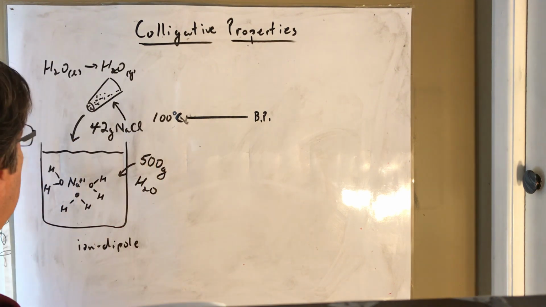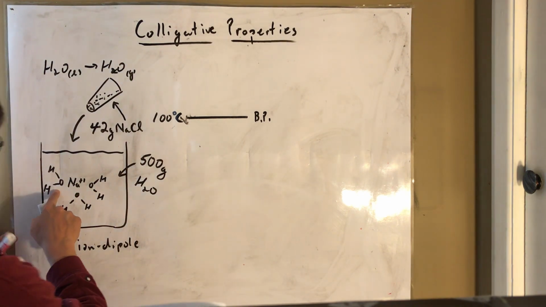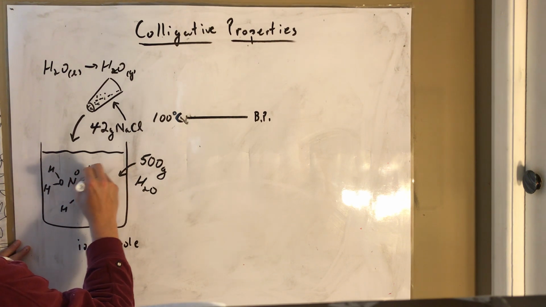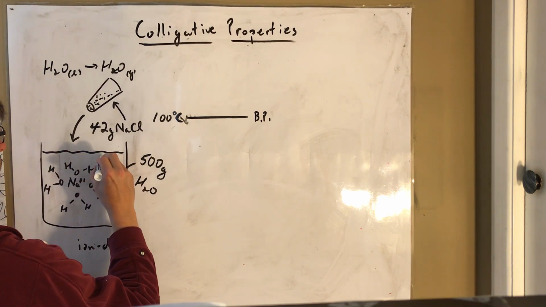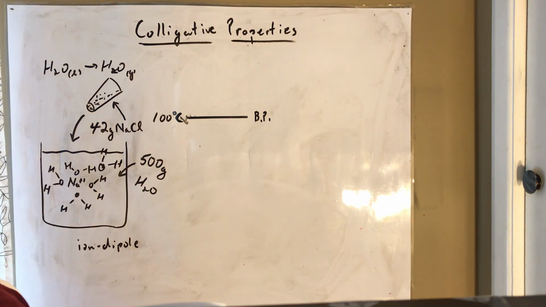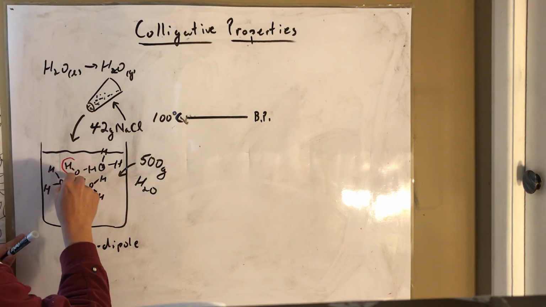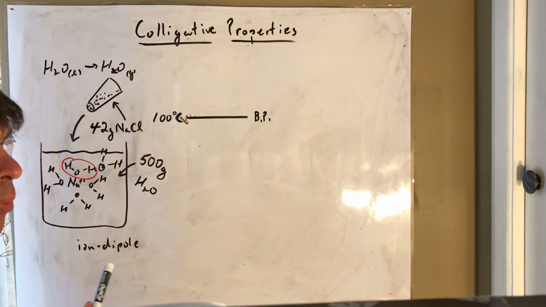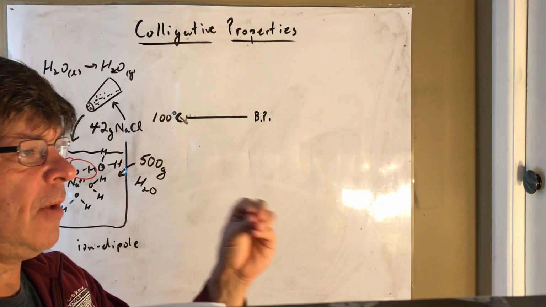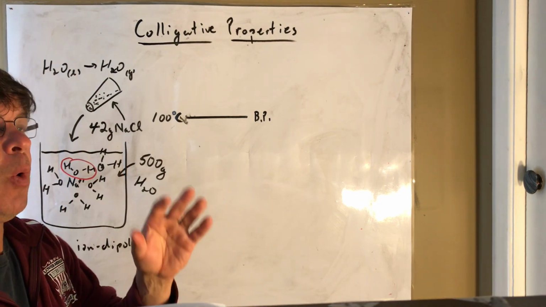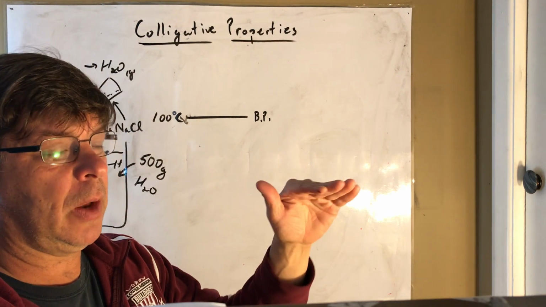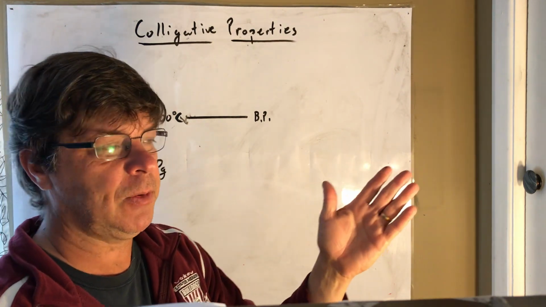So let's look at another water molecule. For this water molecule right here to turn into a gas, it's got to break away from other water molecules. That's hydrogen bonding. Now, if there are only other water molecules in there, then it would boil at 100, as long as the pressure is 1 atmosphere.